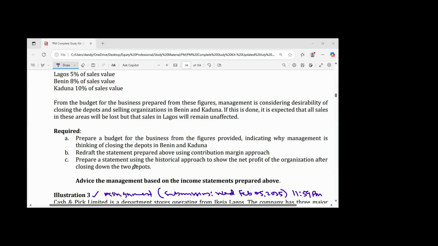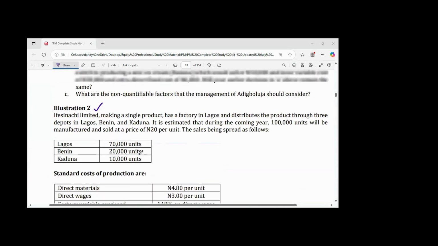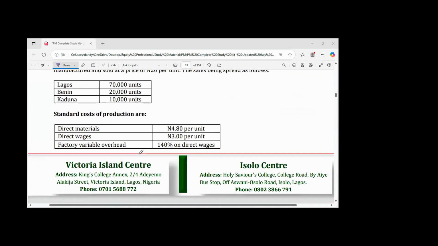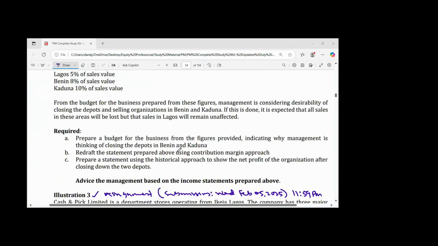So in this particular question, the examiner did not give you an income statement that will show the profit or loss of Benin and Kaduna depot. And that's why the examiner is asking you to prepare a budget indicating why management is thinking of closing Benin and Kaduna depot.